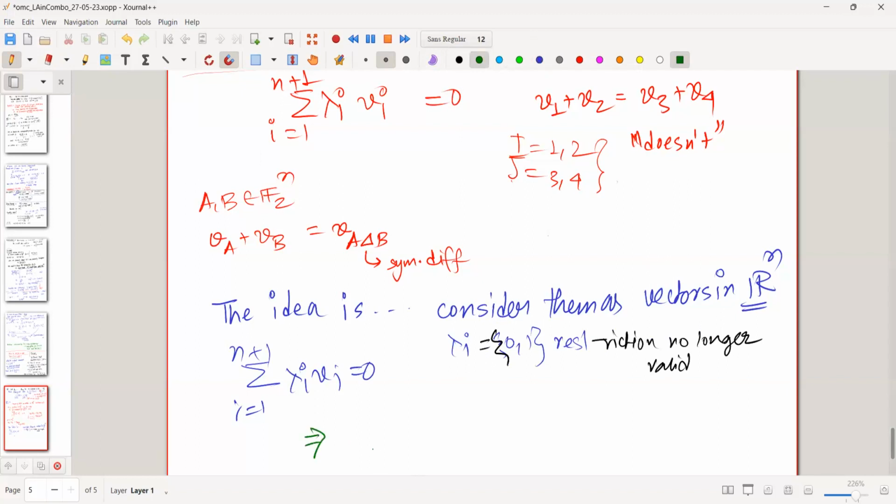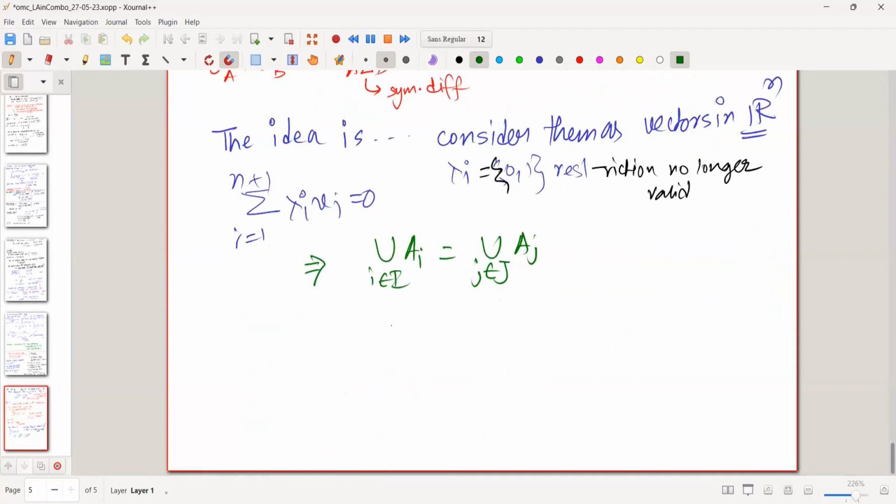What you need is the condition on the union of the A_i to hold, right?